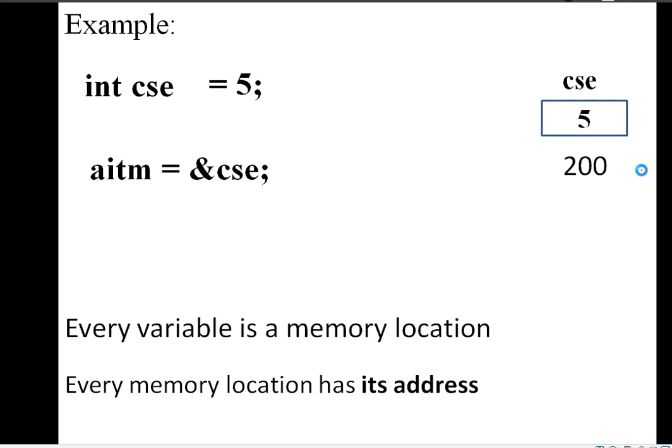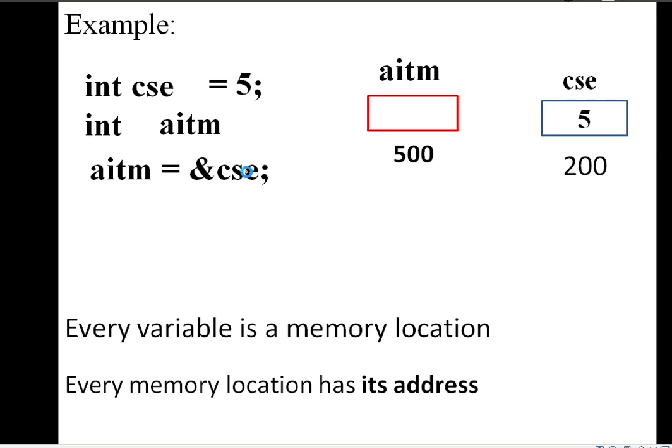Next I want to define a pointer variable. How to define a pointer variable? Data type followed by star followed by the pointer variable name. So int AITM is a normal variable: integer followed by AITM. If I put star here, it becomes a pointer variable, and it also has an address.